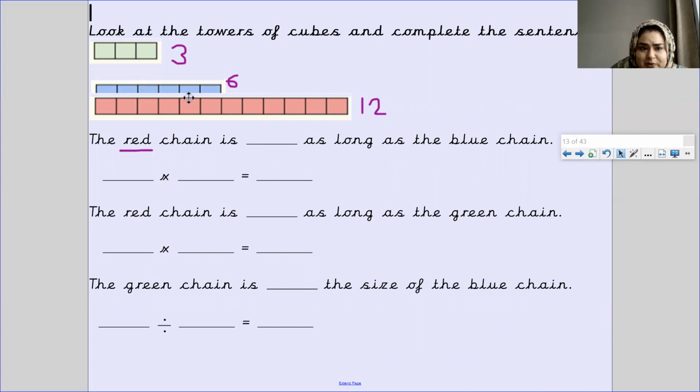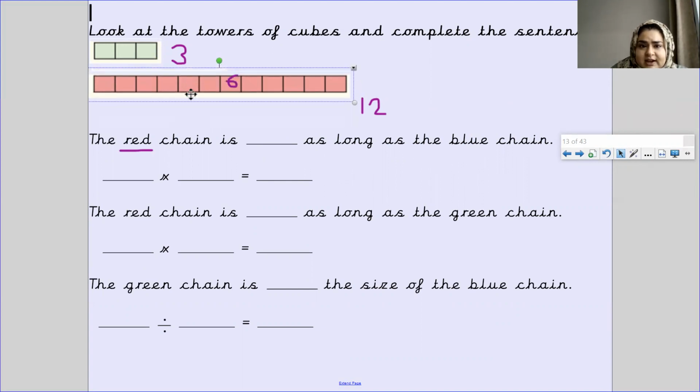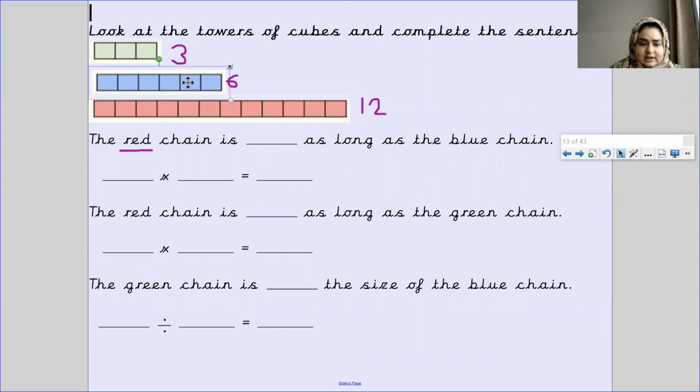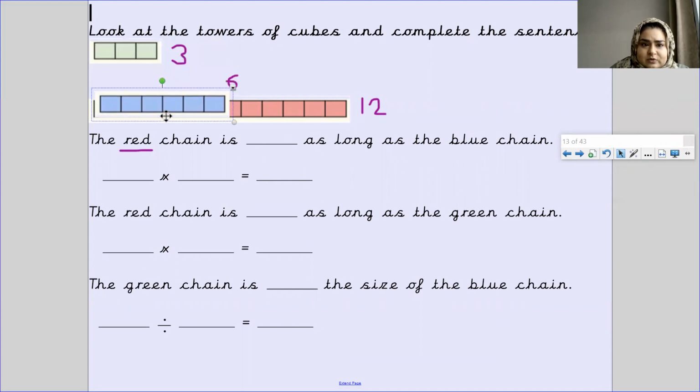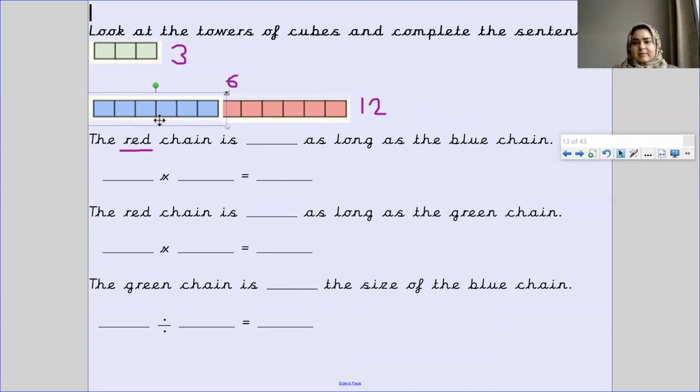If I was to move the blue chain on top of the red chain and place it there, what does this show you? How many blue chains do I need to make the red chain?